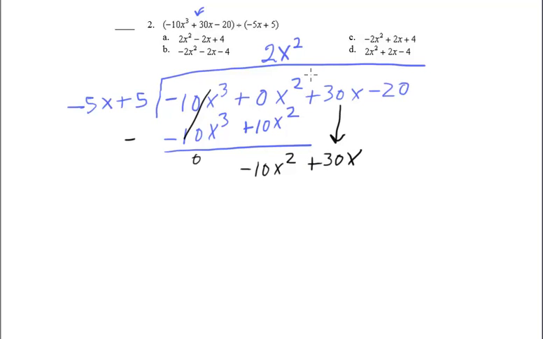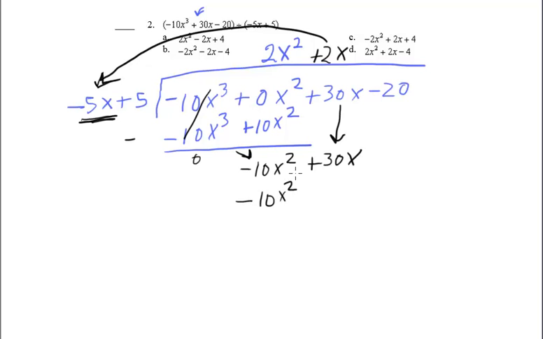So our next step is, how many times does this go into negative 10x squared? Well, plus 2x, because 2x times negative 5x is negative 10x squared. And 2x times 5 is plus 10x.